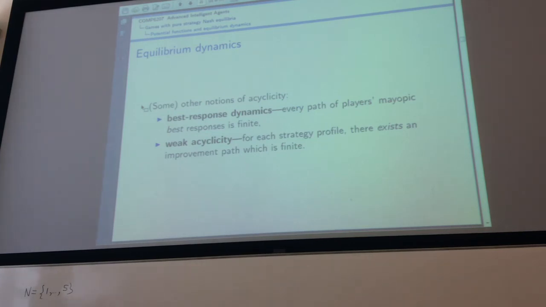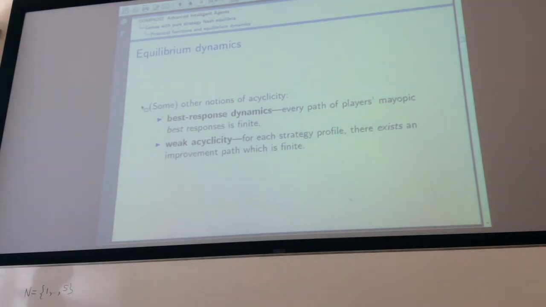So if you have FIP, finite improvement property, you will have convergence also of best response dynamic. That's a weaker requirement. Sometimes you may have this, but not that. Okay, you may have cycles in better responses, but you will have best response dynamic acyclic. And another even weaker property, it's called weak acyclicity, saying the following thing.